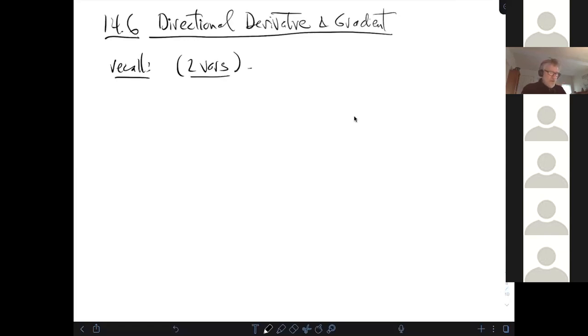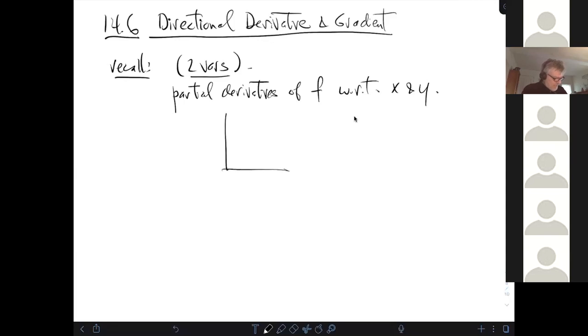Okay, so if you remember, we defined the partial derivatives, and I want to go back to this. So what was this about? I have a function f, and I look at its graph, which looks like that. So this is the graph of f.